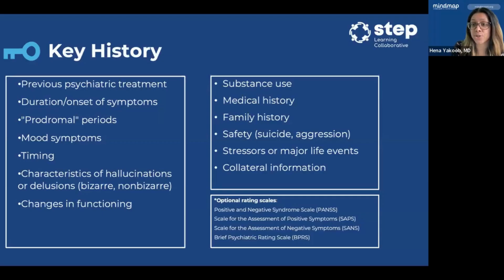They even have suggestions for how to elicit some of this information. So any of these scales are okay for you to use, but they are time consuming and they may not promote as much of a conversational style as you would hope to have during an interview. But they're worth taking a look at if you're interested and need a little extra help with the actual clinical interview.